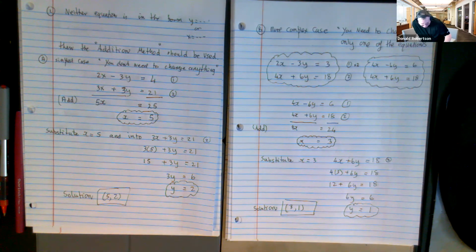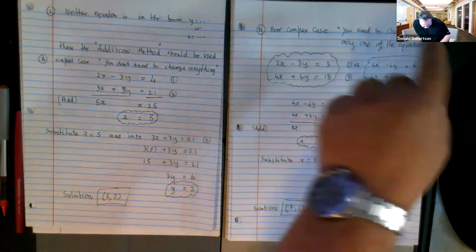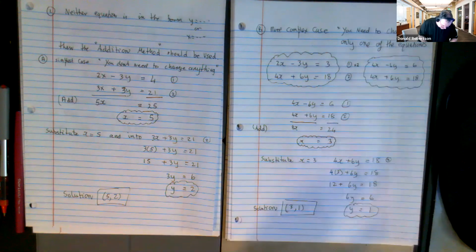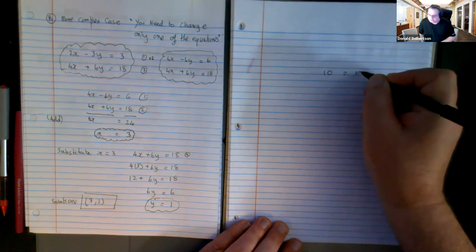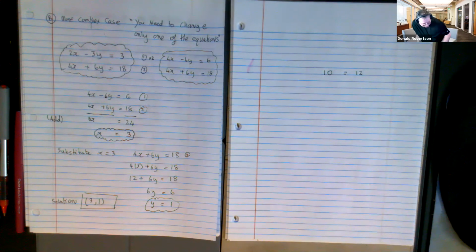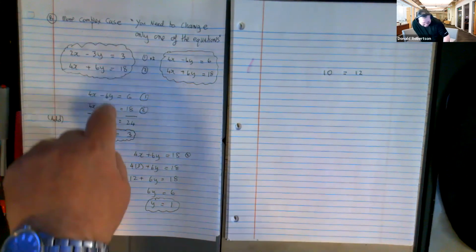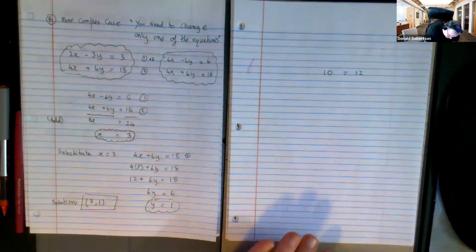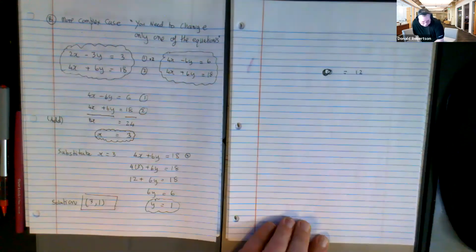Suppose I did this method and I doubled one of the equations or whatever it needed to be. Suppose I did that and the x's and the y's disappeared and that's what was left. It could happen. So I did the addition method, I doubled this, the x's disappeared and so did the y's, and 0 equals 12 was left.